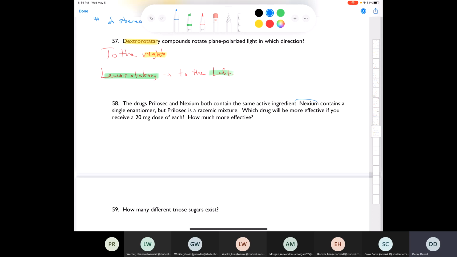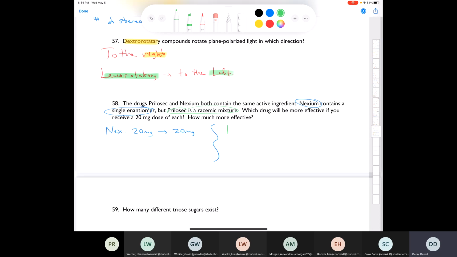The drugs in question 58, Prilosec and Nexium, both contain the same active ingredient. Nexium contains a single enantiomer, but Prilosec is a racemic mixture. Which drug would be more effective if you got a 20 milligram dose? Well, if you take 20 milligrams of Nexium, and it's only got one enantiomer, you end up with 20 milligrams of the effective drug.